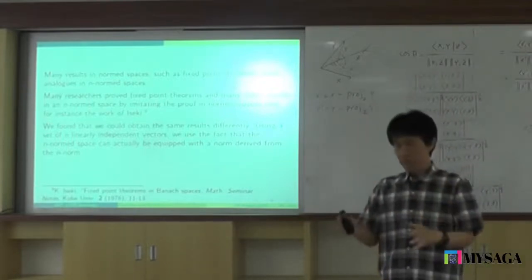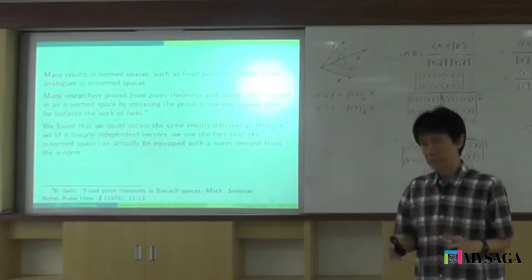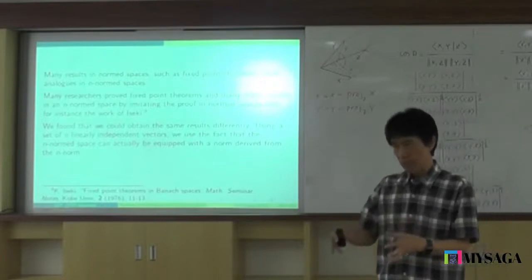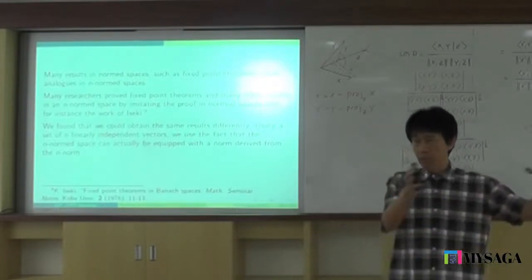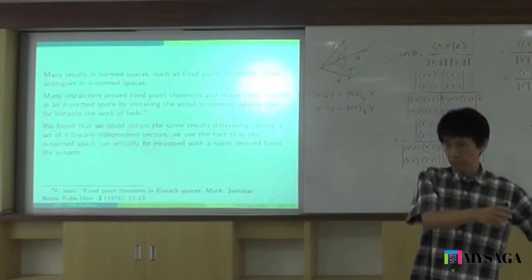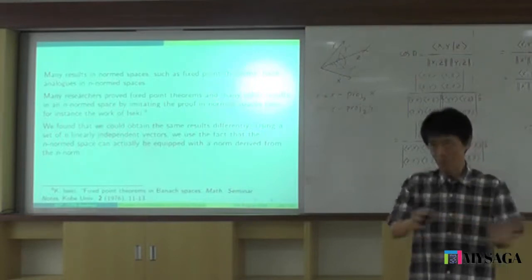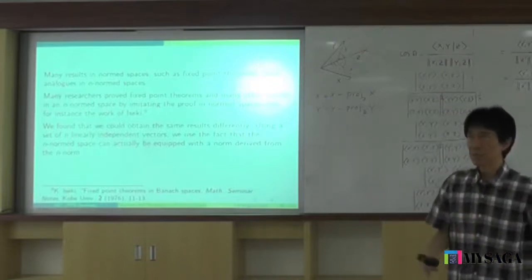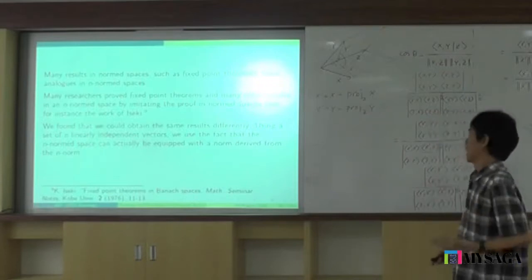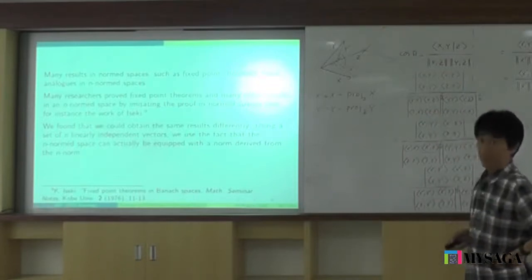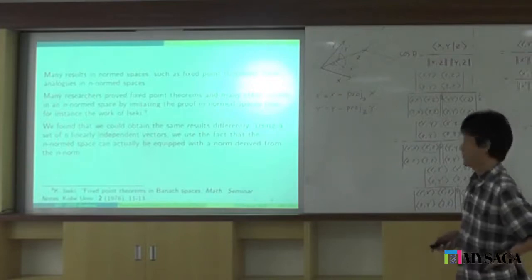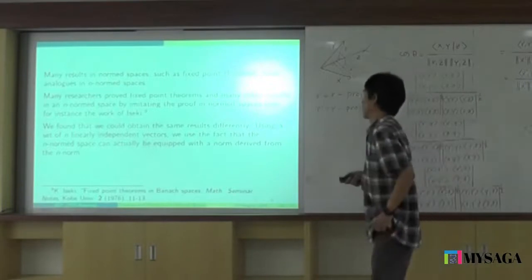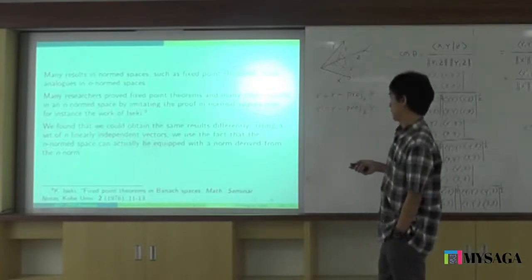I don't want to imitate the proof of the fixed point theorem in norm spaces for the proof of the fixed point theorem in n-norm spaces. I don't want to do that. It must be simpler. It has to be simpler. That's what I thought, and that's the case actually. Okay, but of course I will explain more in detail about that.